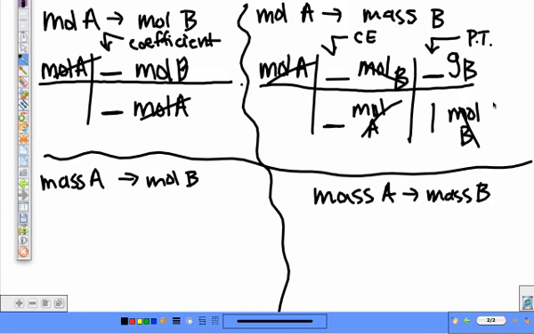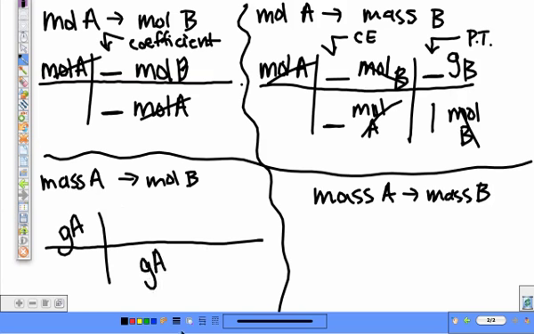Okay, now if we start with the mass of A, so we start with grams of A, we can convert over to moles of B. What units have to go on the bottom first? Grams of A, and what units will we convert to? Moles of A. Right, this is a common mistake I see.